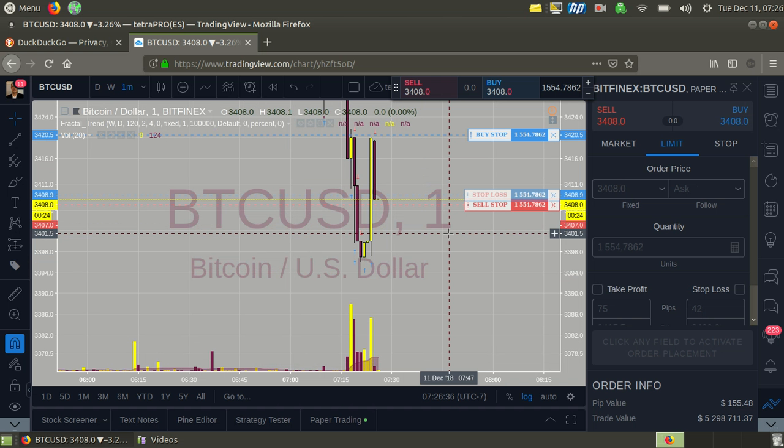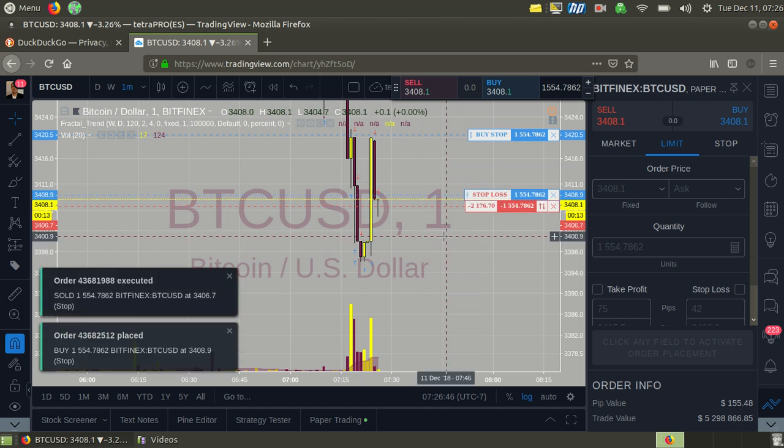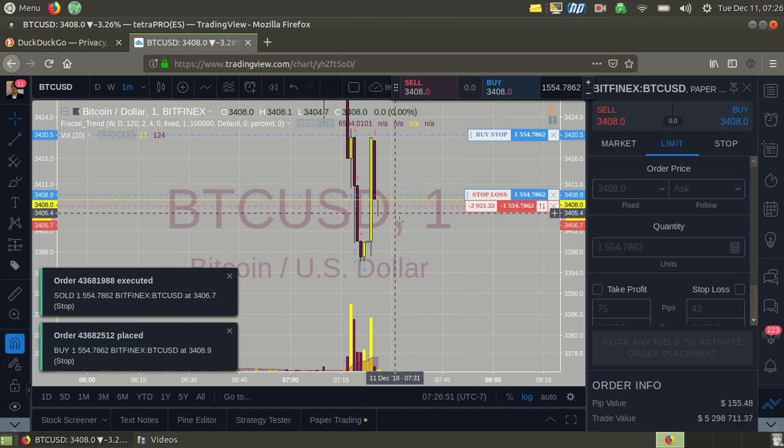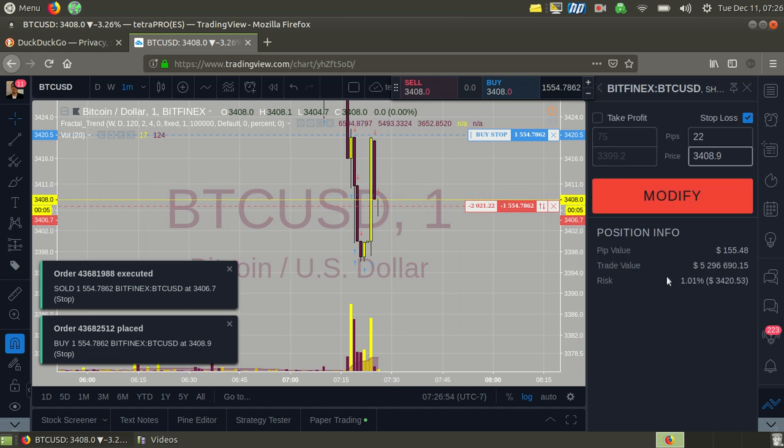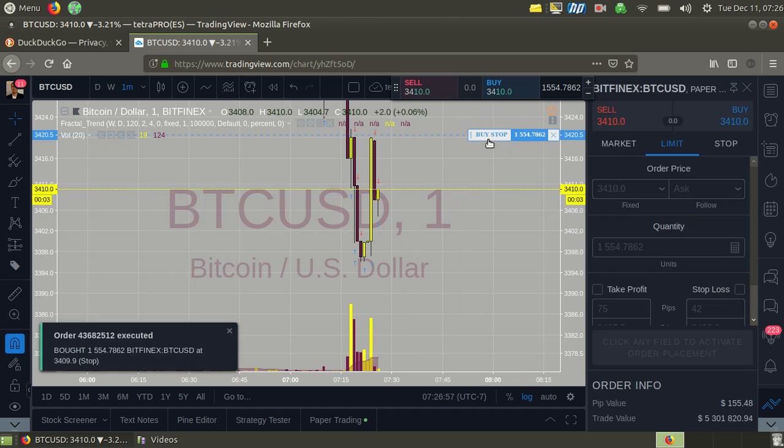Unbelievable. So it went down and got our entry and then came back immediately, about to take us out, but we only have 1% on the table, so that's a totally acceptable situation for us to be in.